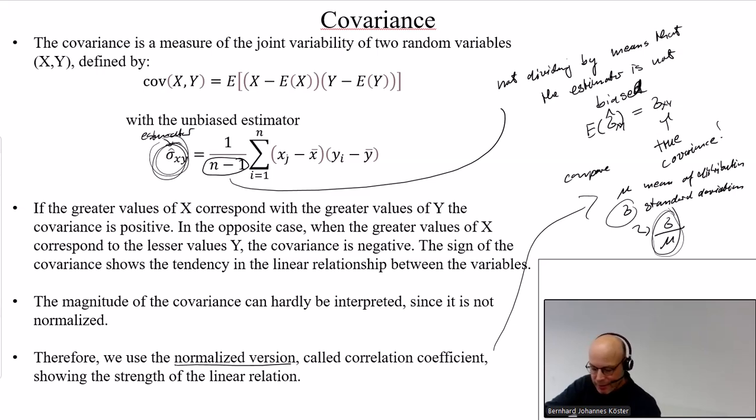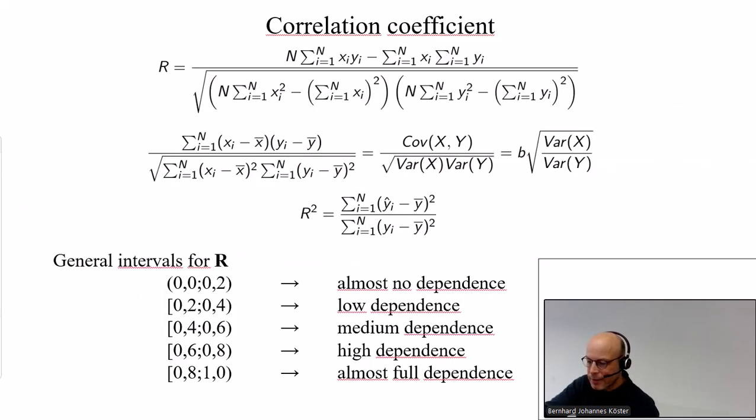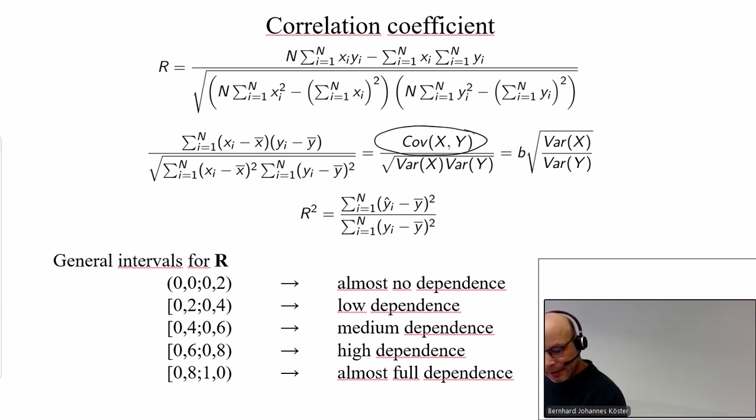And the same we are doing with our covariance, and this would mean that we just divide our covariance by the square root of both variances of our two variables.